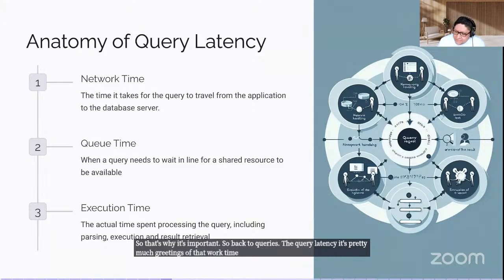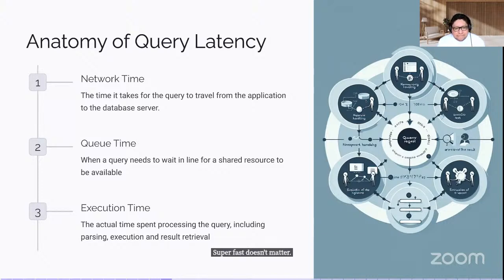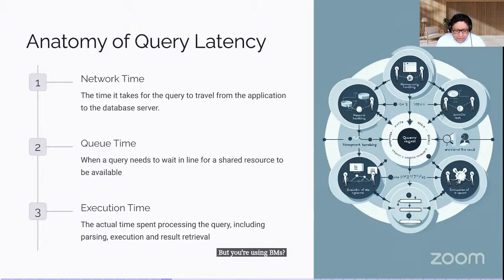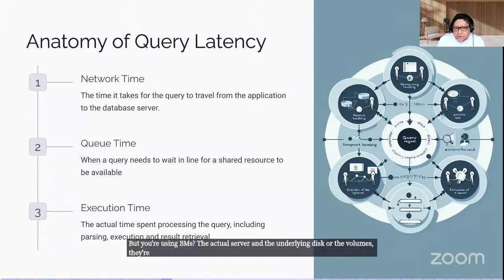If it's on the same server and you're using a socket connection, even going through the TCP layer, it's super fast, doesn't matter. On cloud, this is super important because even if you're not using database as a service like RDS or Cloud SQL but you're using VMs, the actual server and the underlying disk or volumes are connected through a network, right?